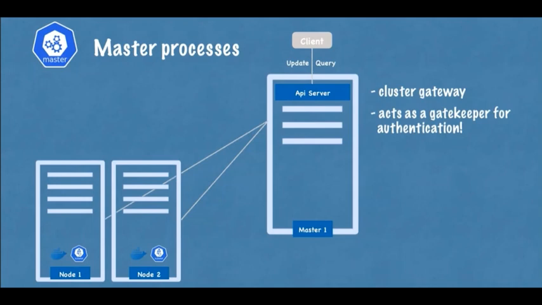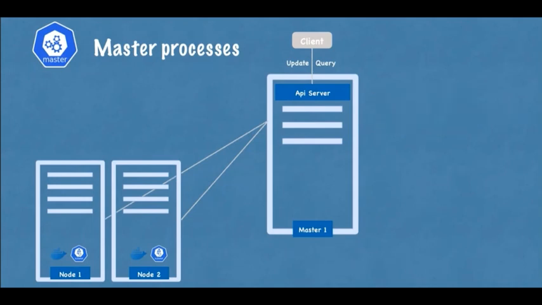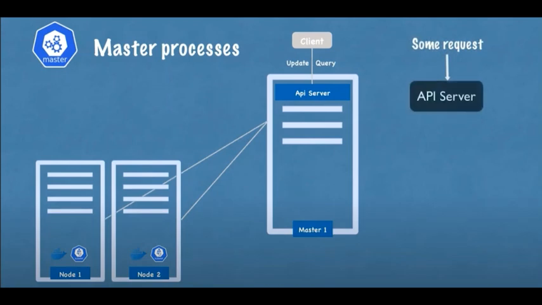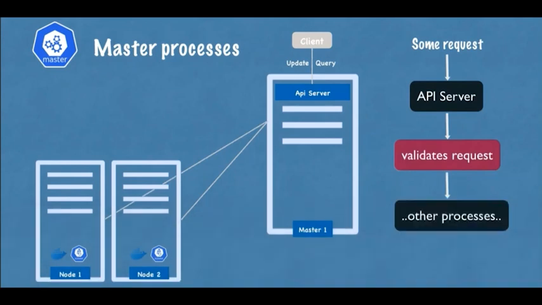That means whenever you want to schedule a new pod, deploy a new application, create a new service, or any other component, you have to talk to the API server on the master node. The API server then validates your request, and if everything is fine, it forwards your request to the other processes in order to schedule the pods or create the component that you requested.